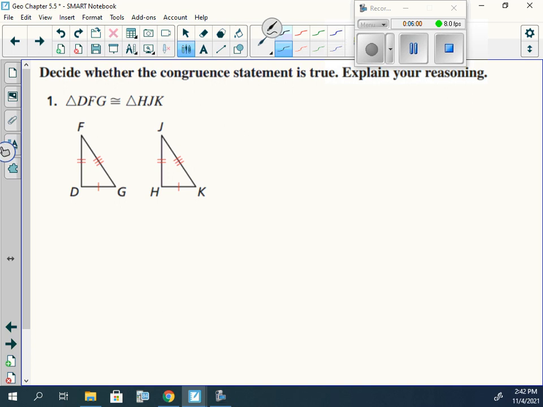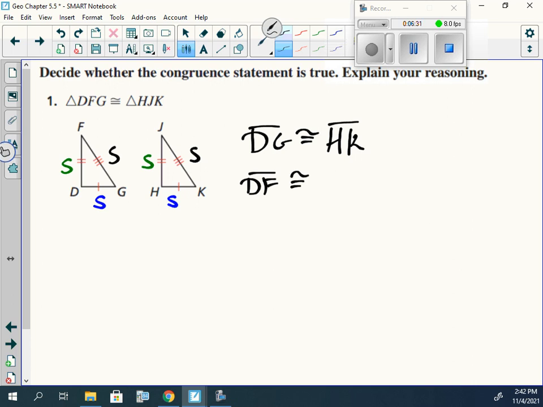Let's look at this one here. Decide whether the congruency statement is true. Explain your reasoning. So why can we say that this is true? All sides are congruent, so yes. S and S. So we can say that DG is congruent to HK.